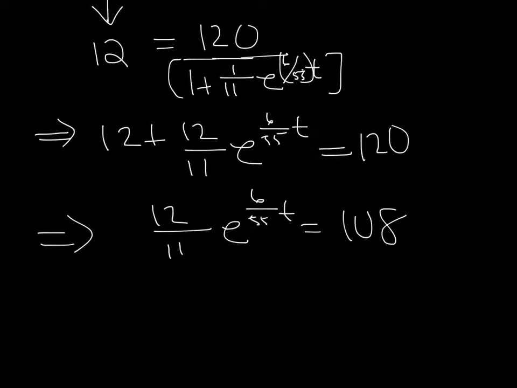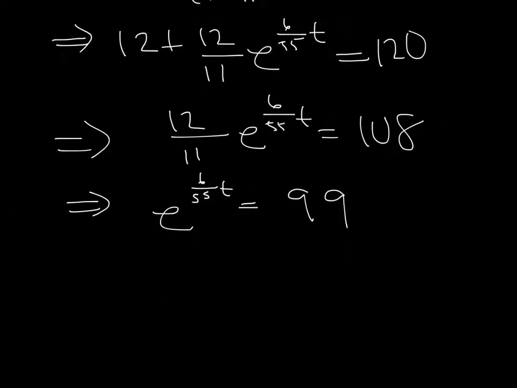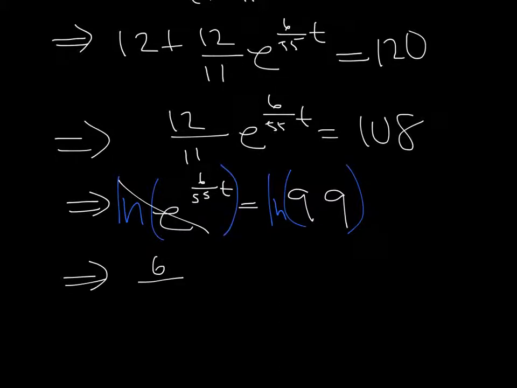And again, our goal is to find t, so I'm going to multiply by 11/12 to both sides. So e to the 6 over 55 t equals 99. And I want t, so I'm definitely going to take the natural log of both sides. Then 6 over 55 t equals the natural log of 99, right?